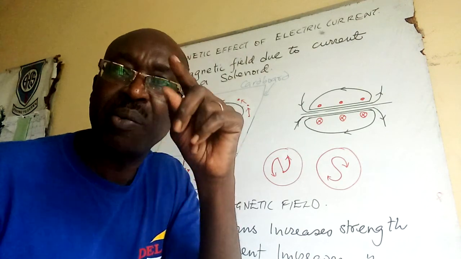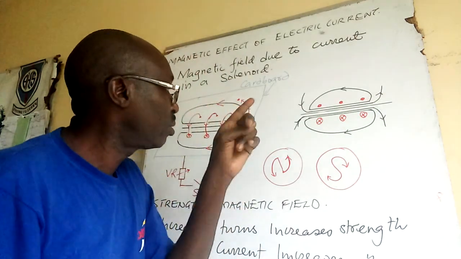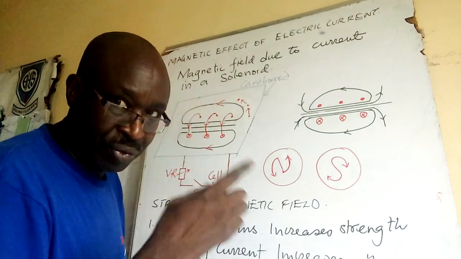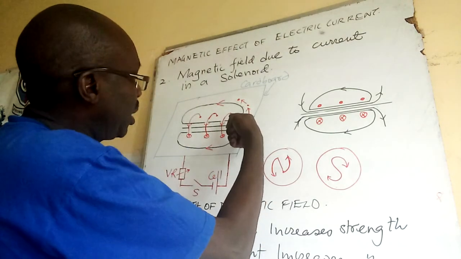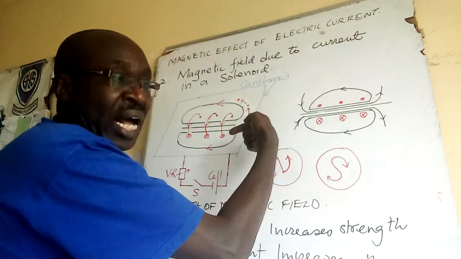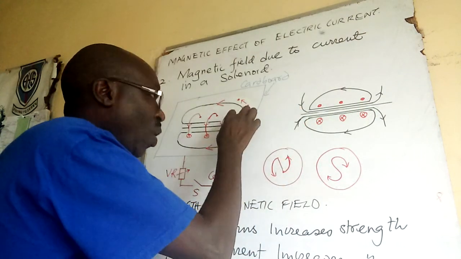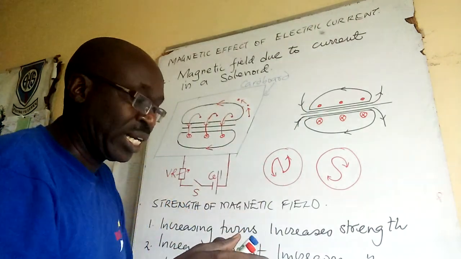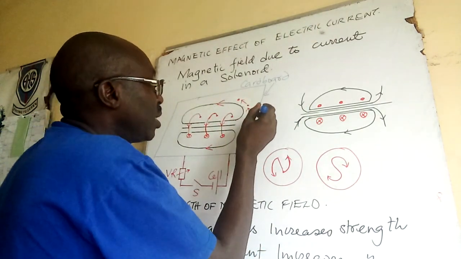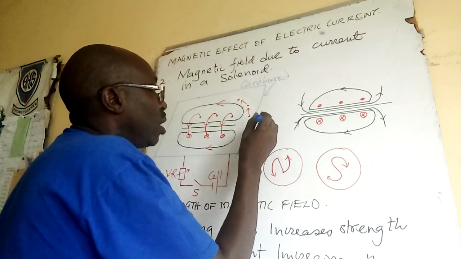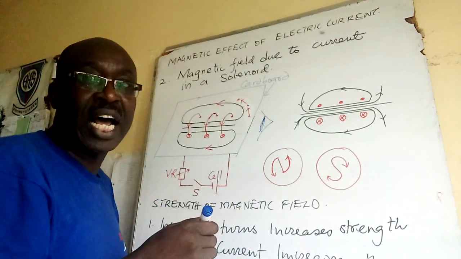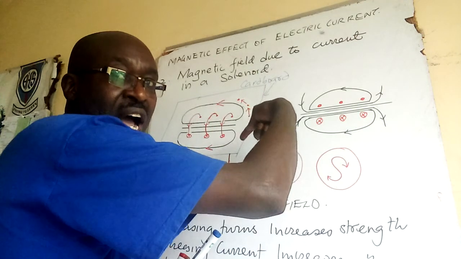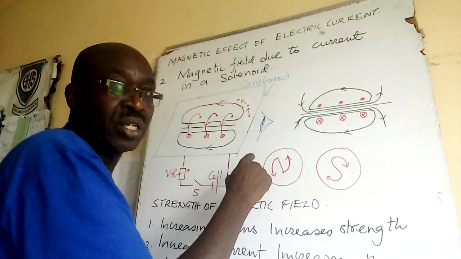Direction can be given by two methods. One, plotting compass. Two, if you remember magnetism, look at one side at a time, please. I am facing this side. If I face this side, then this current is moving in an anti-clockwise direction.